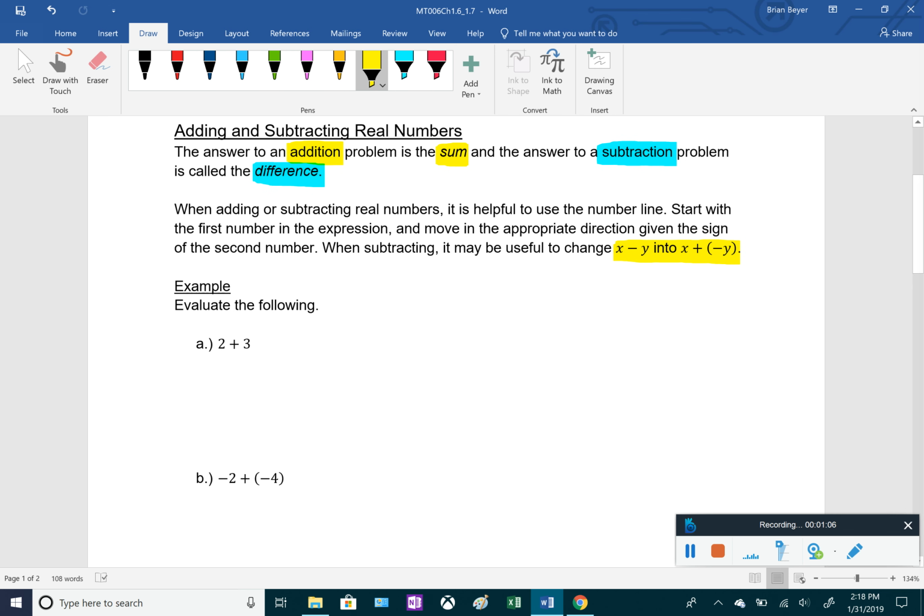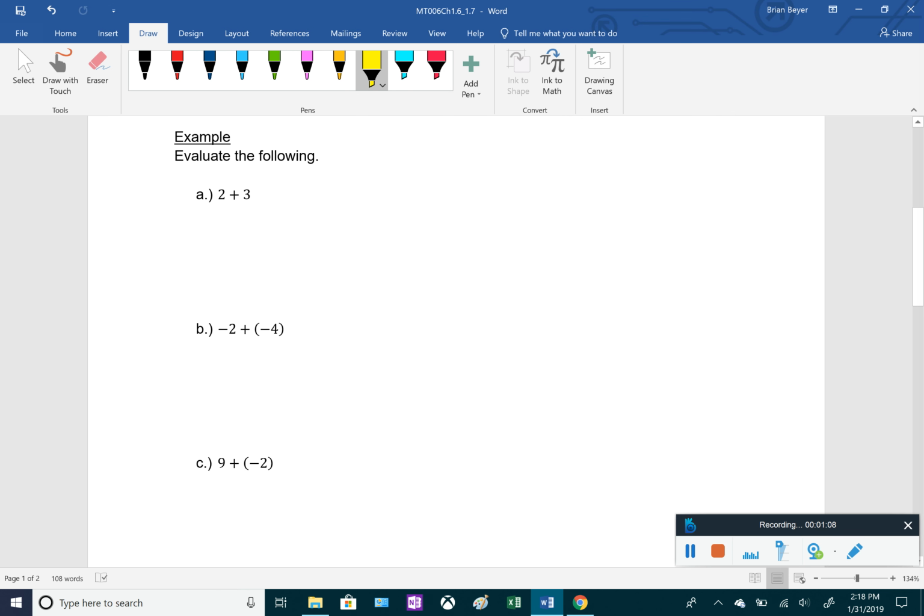Okay, so let's do some examples. Let's evaluate. This one is hopefully pretty obvious. We just have 2 plus 3, so that's obviously equal to 5. Thinking of it in terms of the number line, and I'm not going to do this for every single one, let's say we have zero right here, and here's 2.